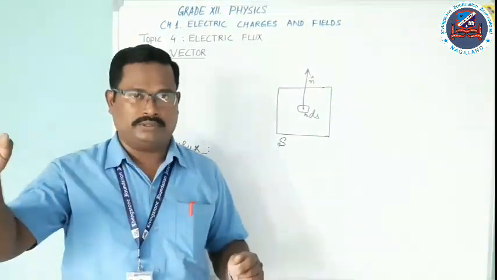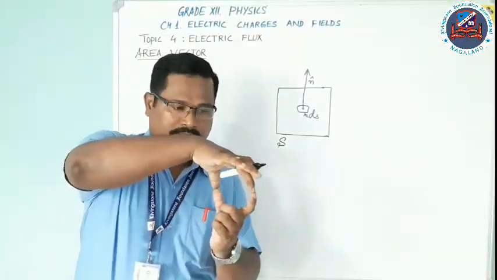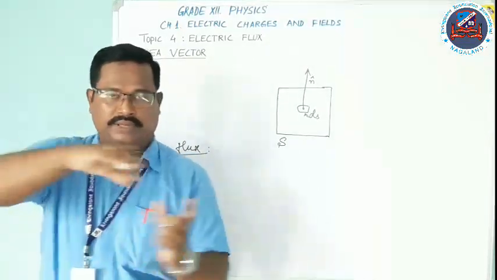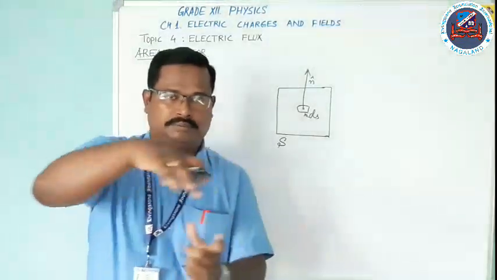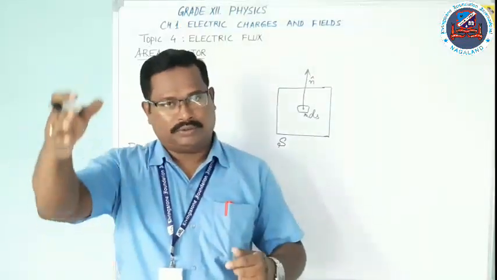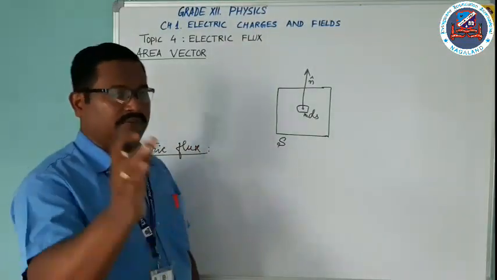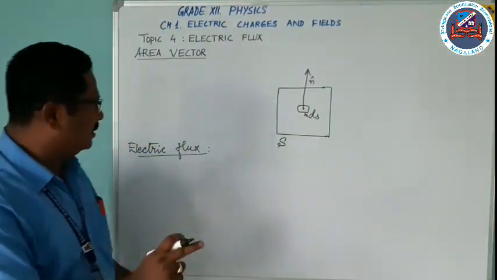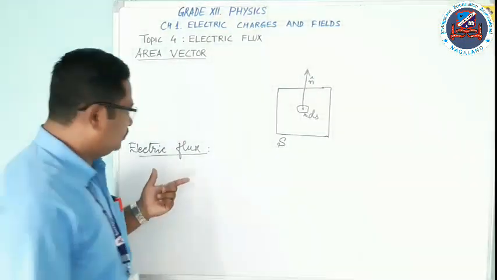Normally means perpendicular through that surface. If you have a bundle of electric field lines passing through a particular surface, the total number of field lines passing through the surface, we call it electric flux.